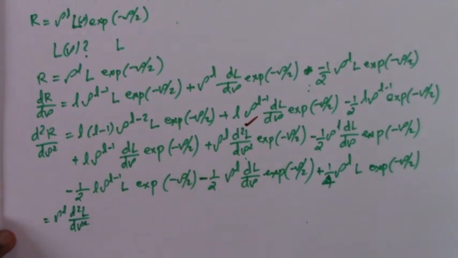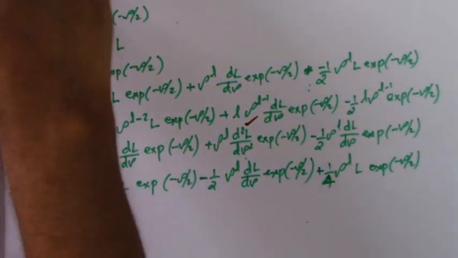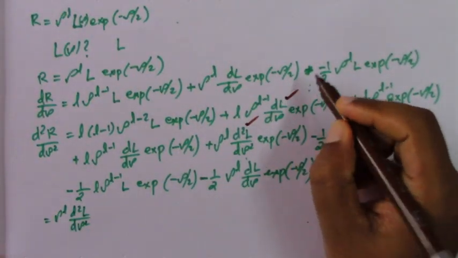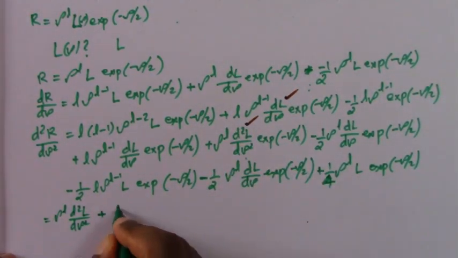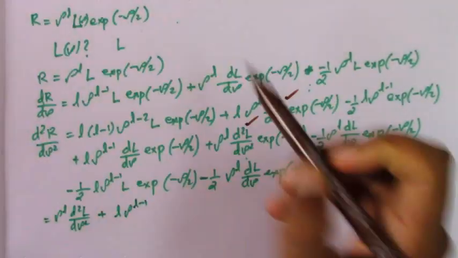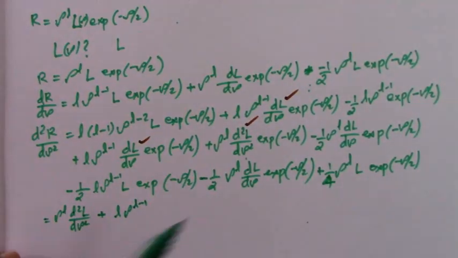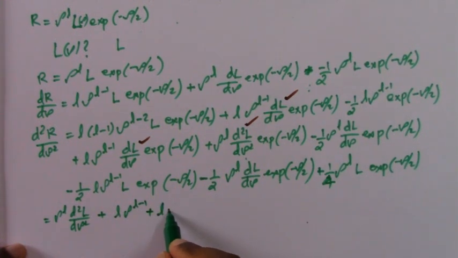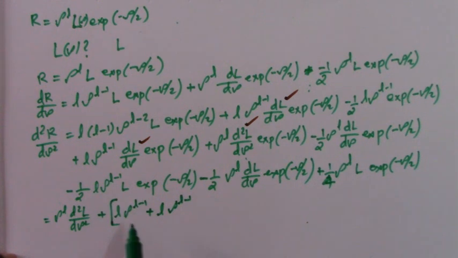And now let's move on to the dL by d rho terms. This one is the first dL by d rho term. So let me write that: plus L rho raised to L minus 1, and the next dL by d rho term is here, plus L rho raised to L minus 1. All these are in the bracket because all these will have dL by d rho as a common factor.